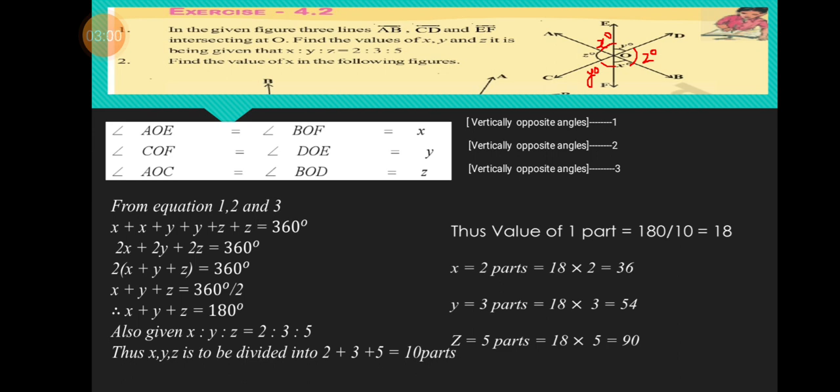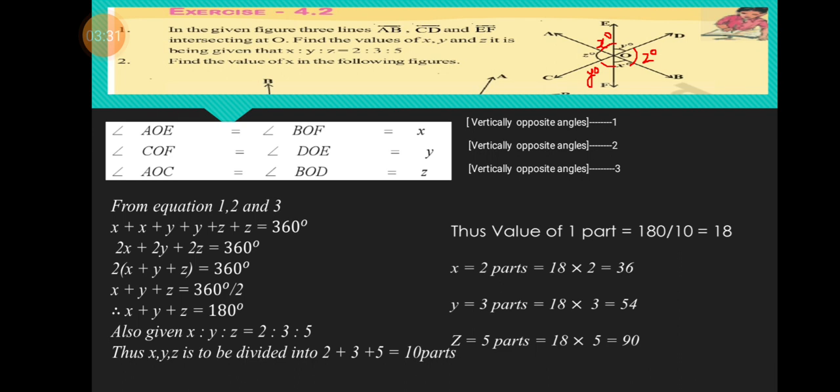We are able to write that AOE is also x because those two are vertically opposite angles. And in our question, DOE is given as y, and the vertically opposite angle for DOE is COF. So we consider here that COF is also y degrees, since both are vertically opposite angles.